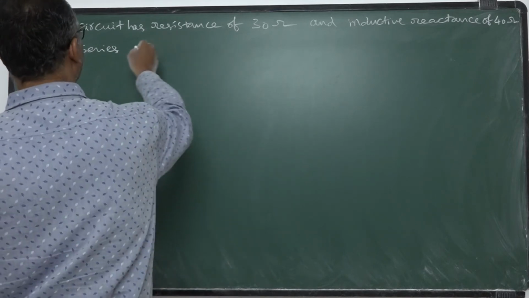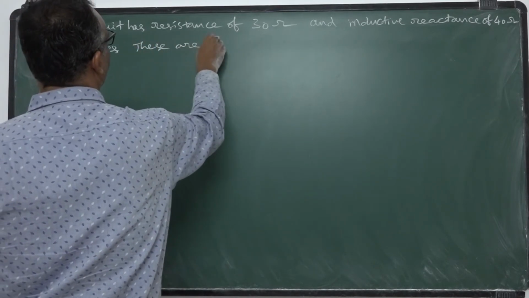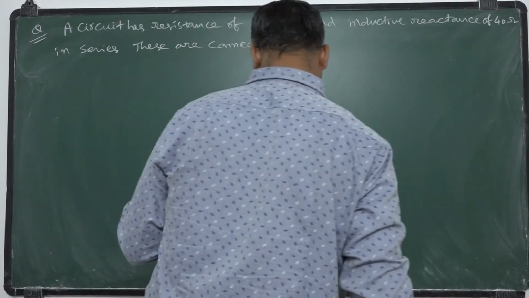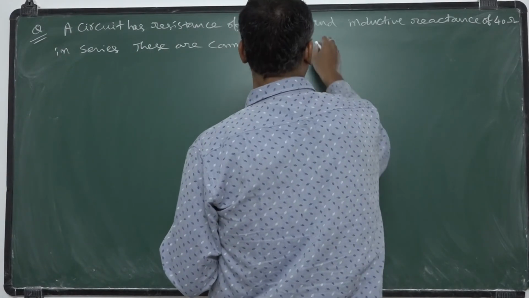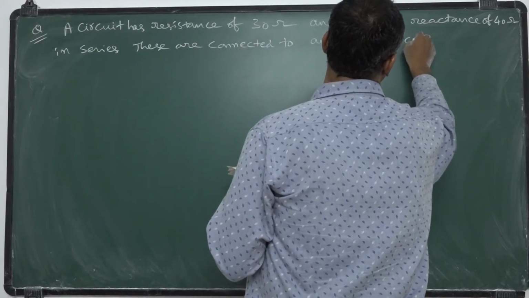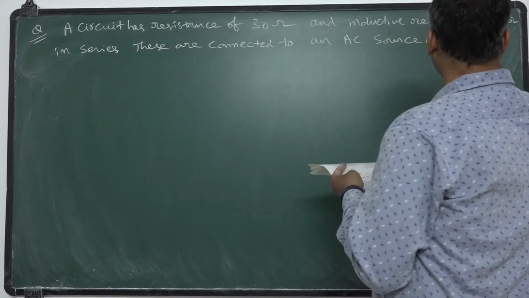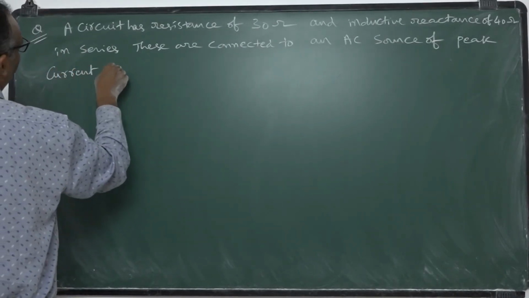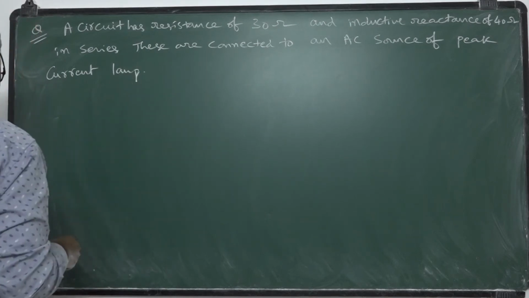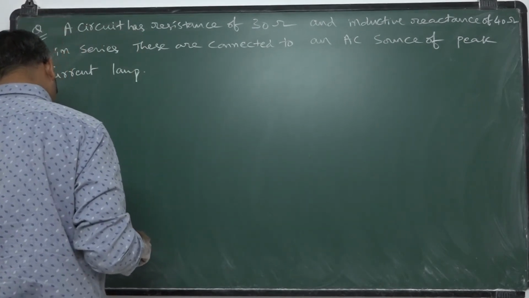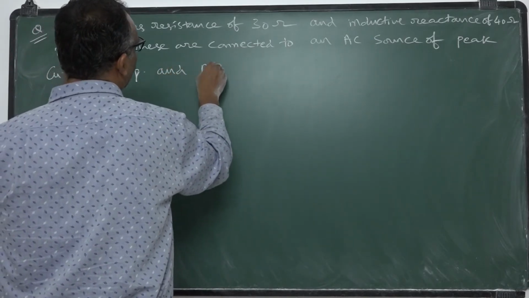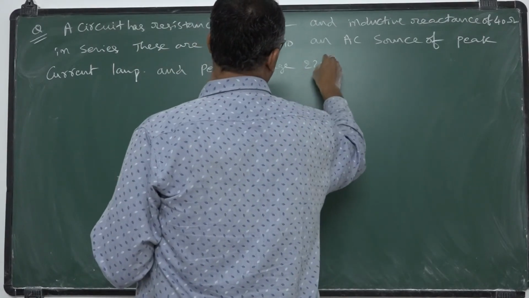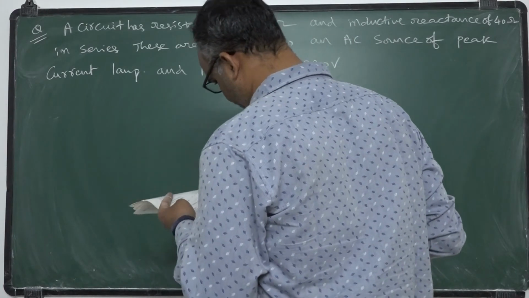These are connected to an AC source of peak current one ampere and peak voltage 220 volts. What is the power consumed in the circuit?